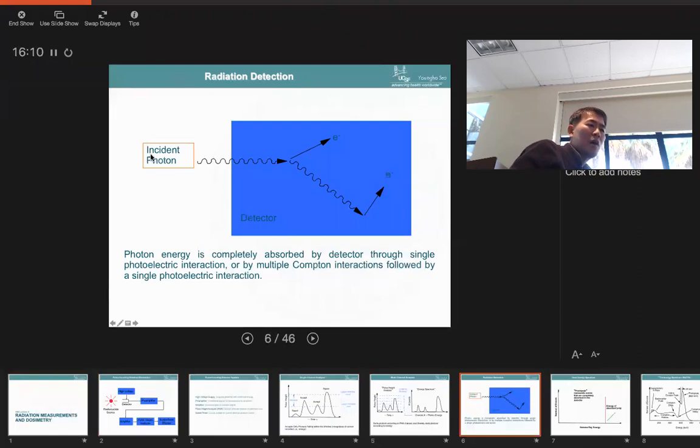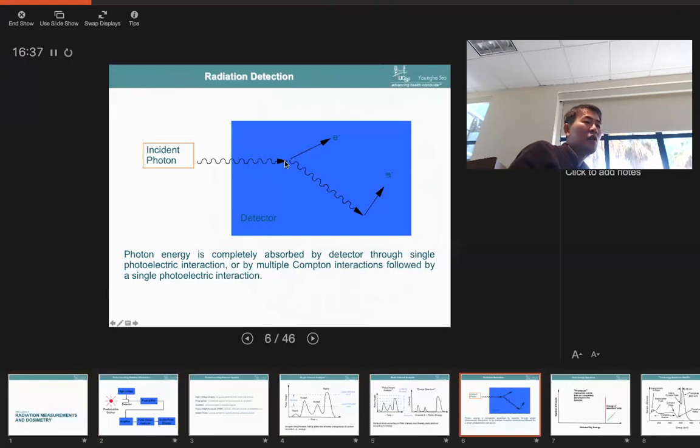So now our high energy gamma ray or X-ray, the incident photon, is hitting the detector material. It could be a scintillator, it could be a direct conversion solid state detector. Let's say this is a scintillator. Coming in, making an interaction, the scintillator should have enough stopping power so as not to lose this incident photon. So somewhere in the detector, it makes an interaction.